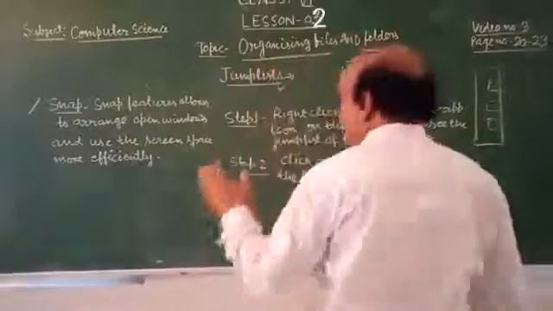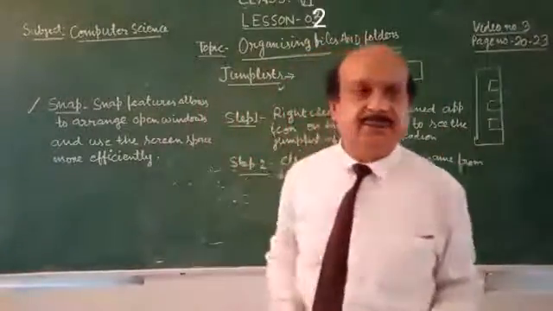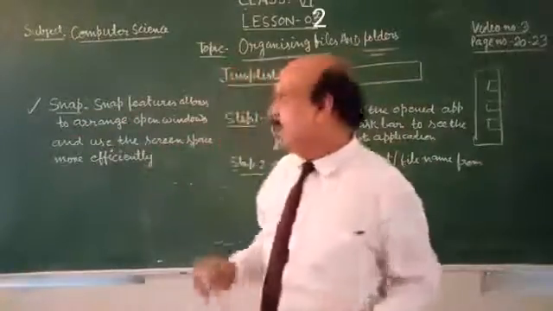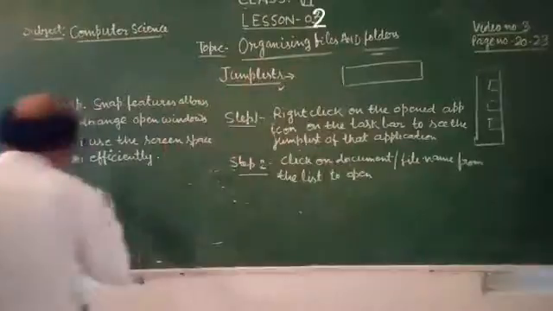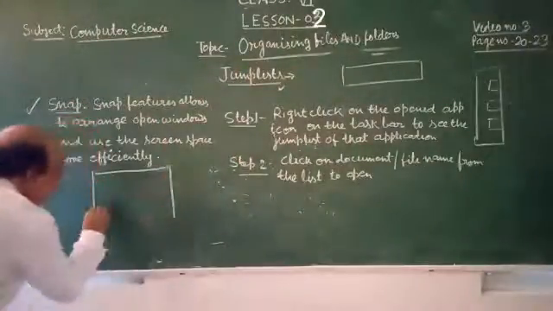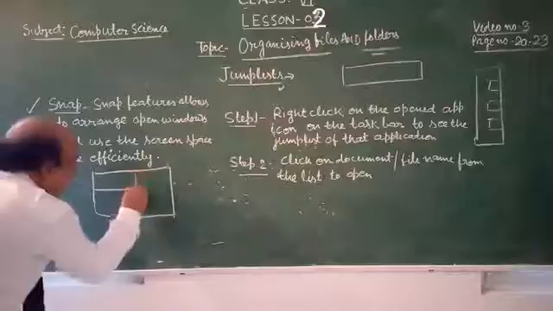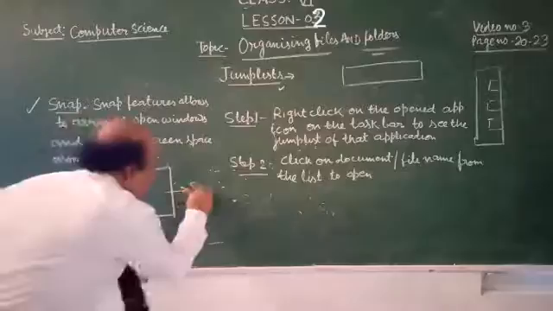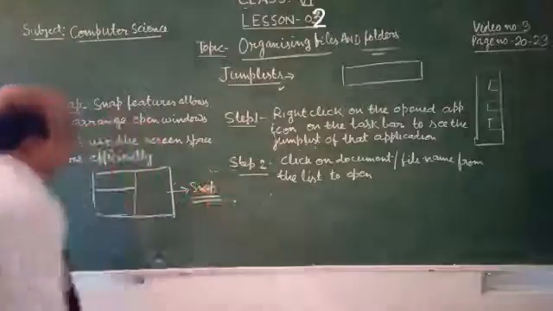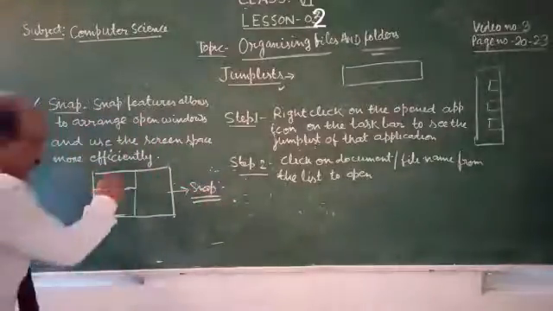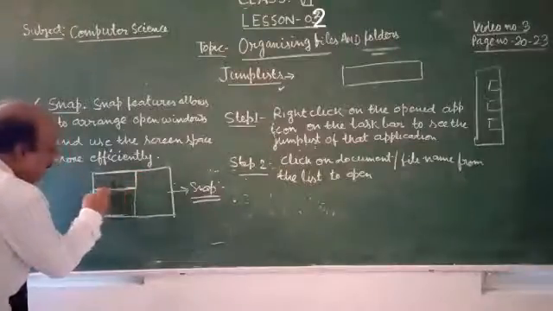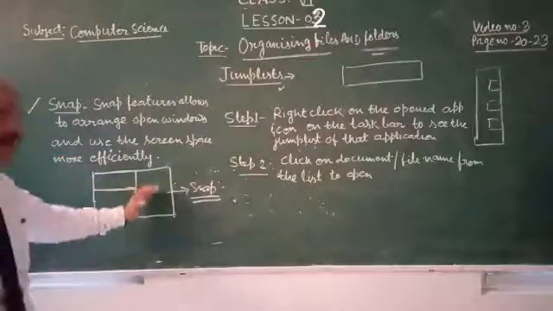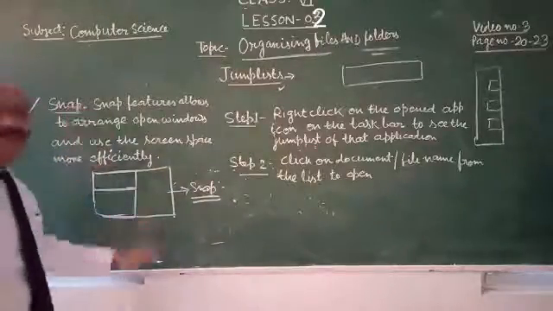So if we have opened 2 or 3 application programs on the screen, by the help of snap we can make space on the screen. For example, just imagine that here you are working, and in this place you have taken a snap. It means the application program which you have opened will display like this, and the space of the screen will be created here with the help of the snap feature.